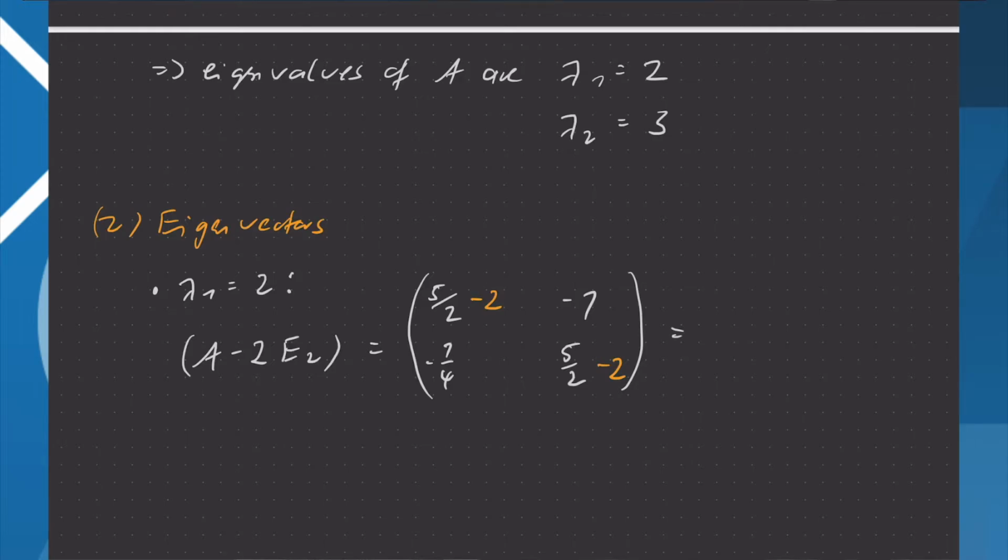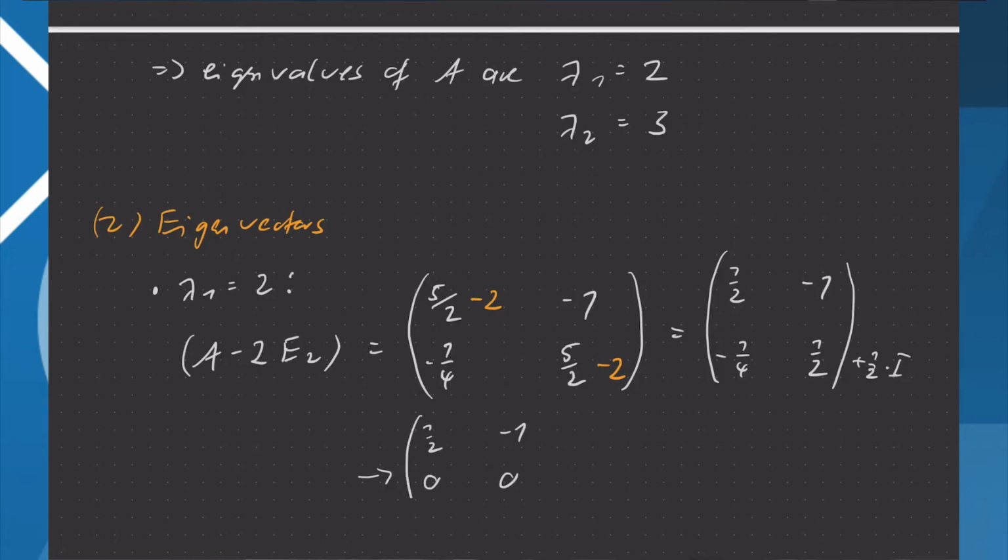What we get here is then 1/2, minus 1, minus 1/4 and 1/2. To determine the kernel of that, we basically have to use Gaussian elimination to solve the equation system. So what we do here is we add 1/2 times the first row to the second one. And that will give us 1/2, minus 1 here, and 0, 0 in the second row.